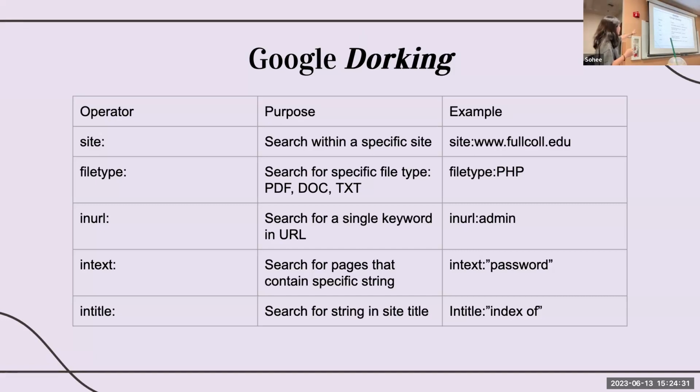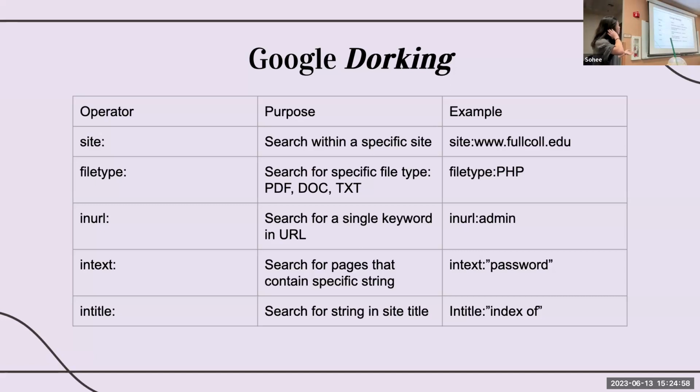You can try this maybe with the Fullerton College domain, and look for a specific file type along with a certain site. You can combine these, so you can do site:www.fullcoll.edu and then a space, filetype, and then whatever. But yeah, you can try this on your own.